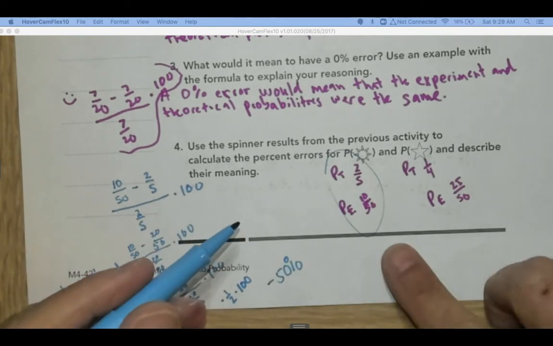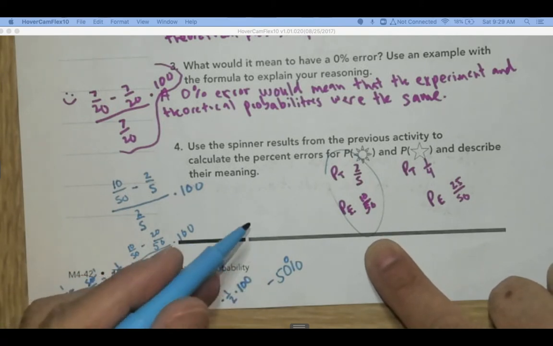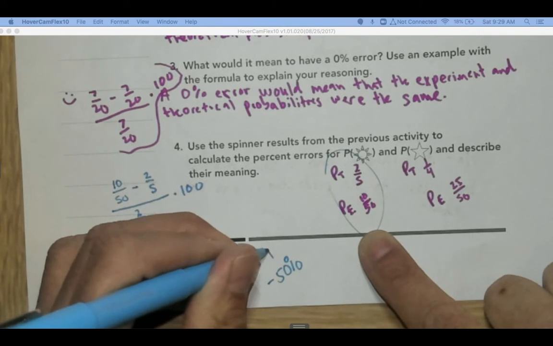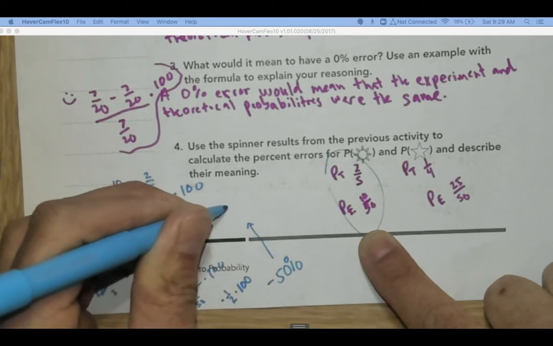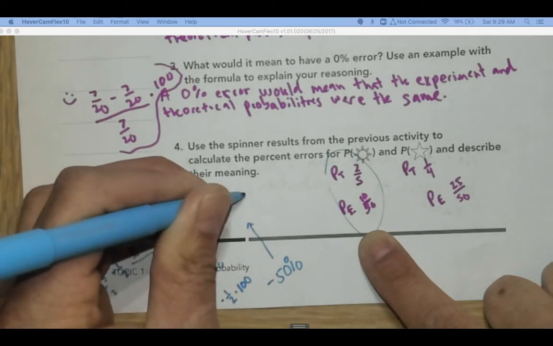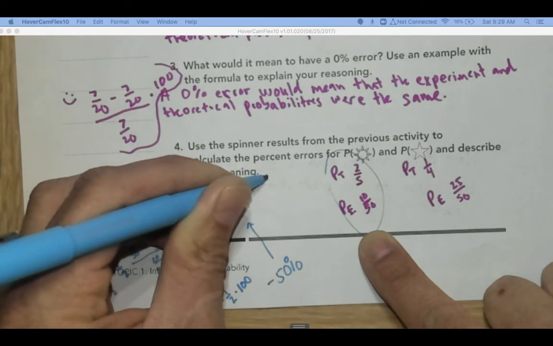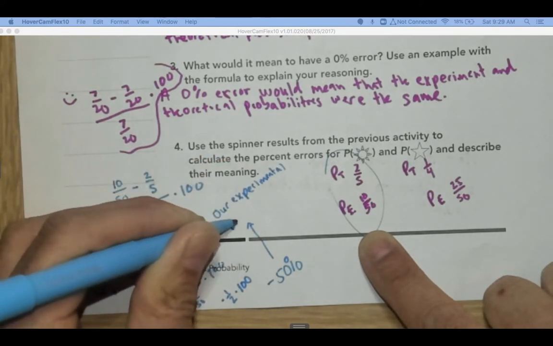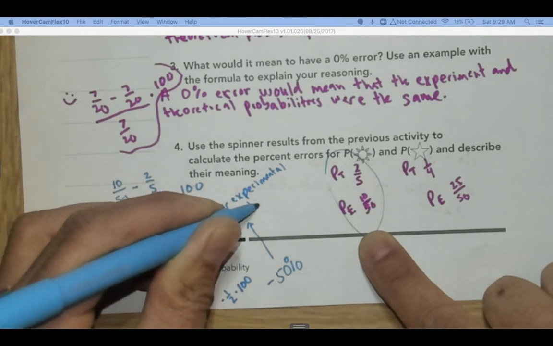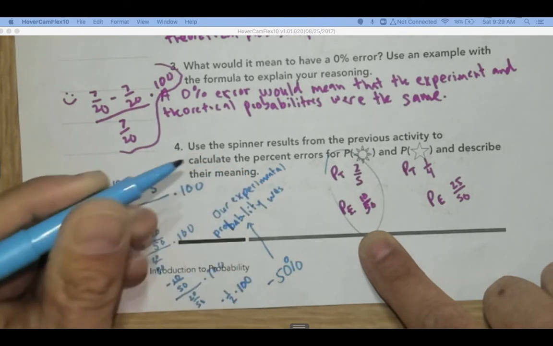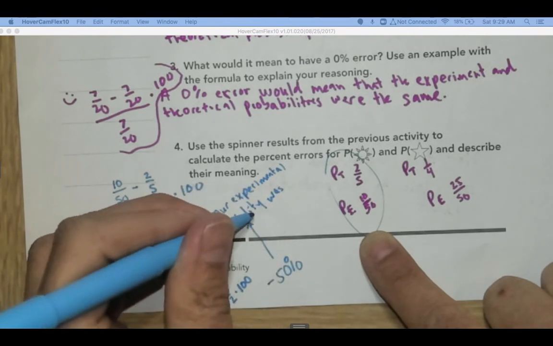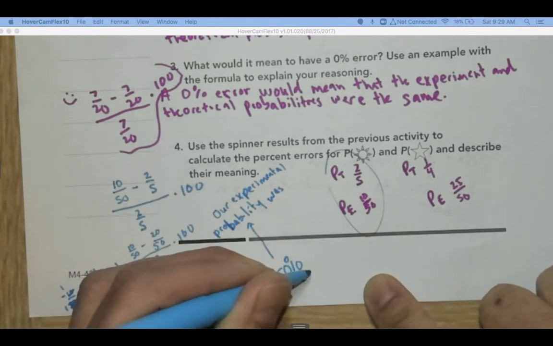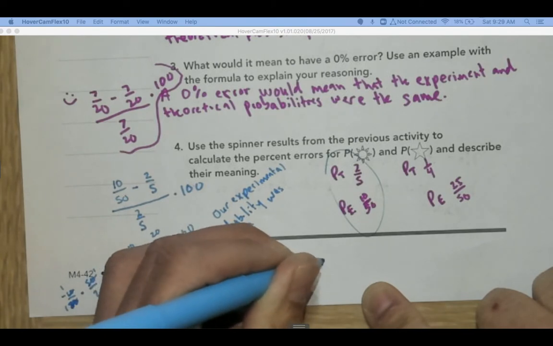And so for us, our experimental probability was 50% below the theoretical probability.